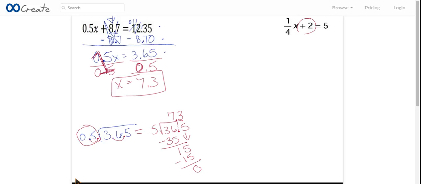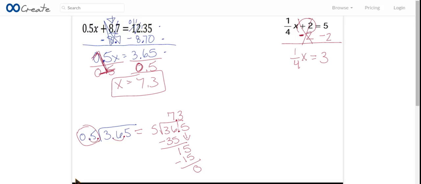So I have to start by getting rid of the 2. I have positive 2, so the inverse operation is subtraction. The number is the same, so this cancels out, and I'm left with 1/4 x on this side. If I subtract 2 from the left, I have to subtract 2 from the right. 5 minus 2 is 3. So 1/4 times some number gives me 3.